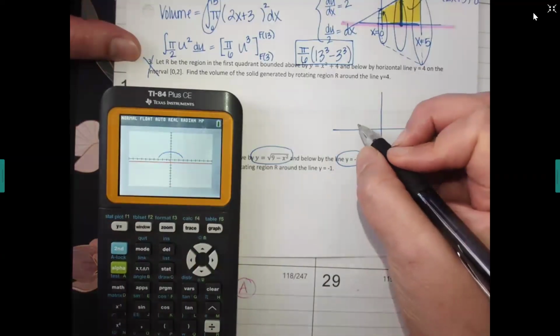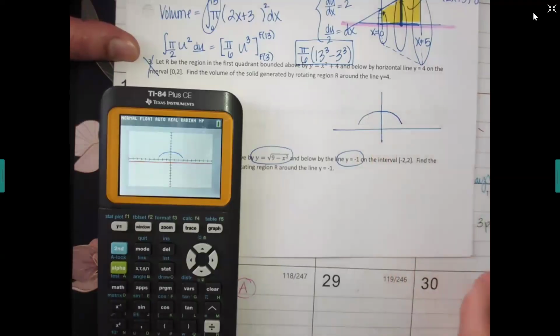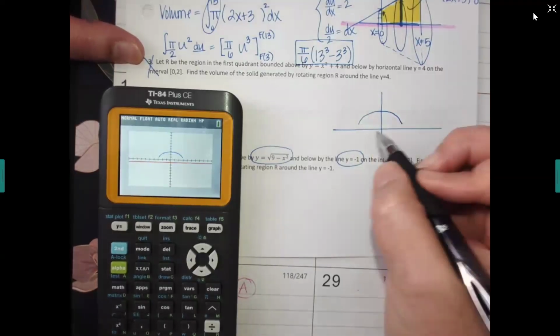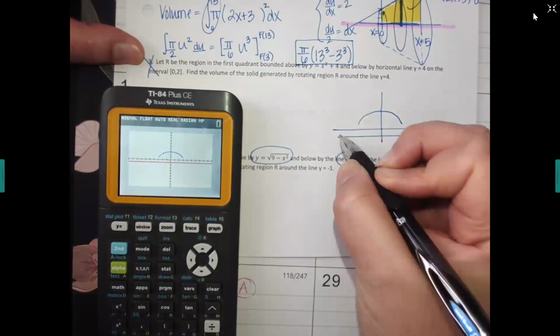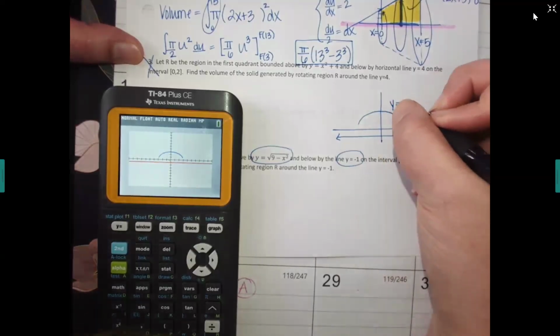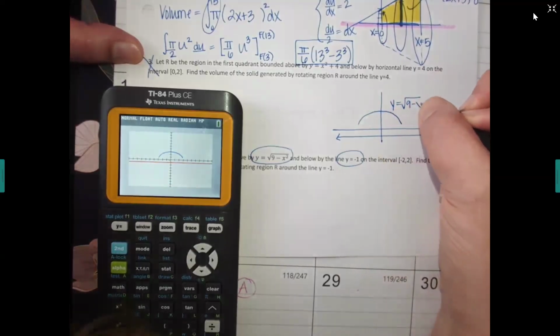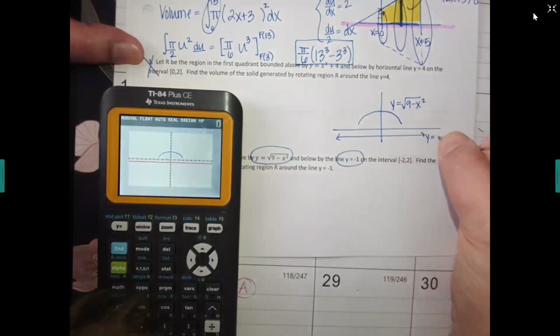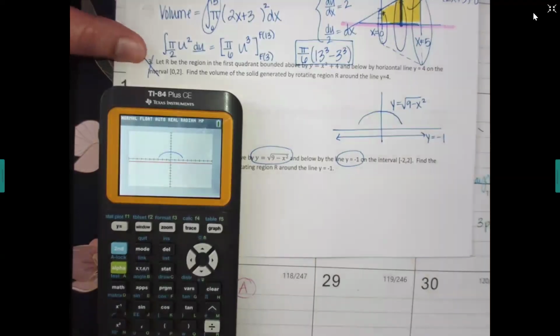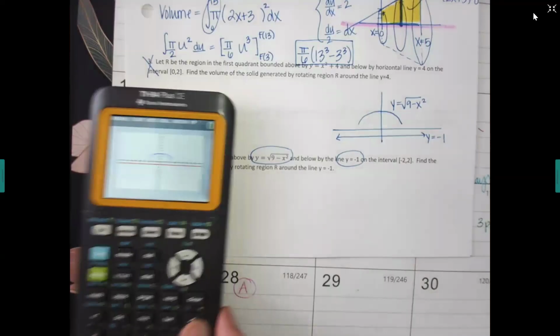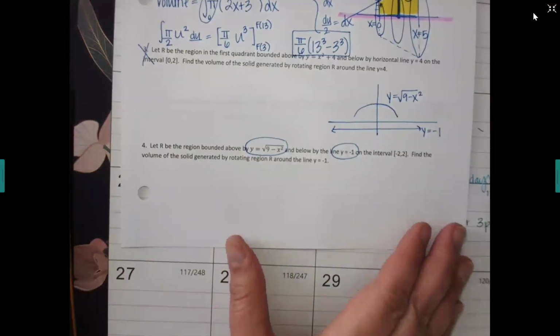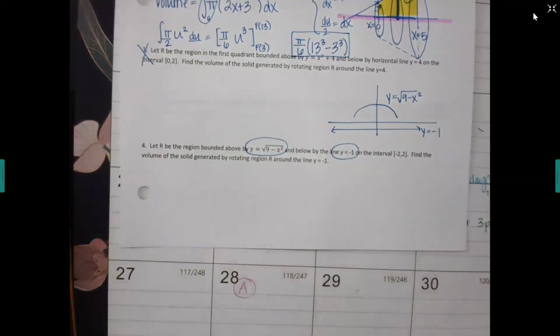Okay, so I have a little half moon on top. And then we have a -1 on bottom. Now, notice that your graphs don't touch, but that's okay because it tells you where to shade.